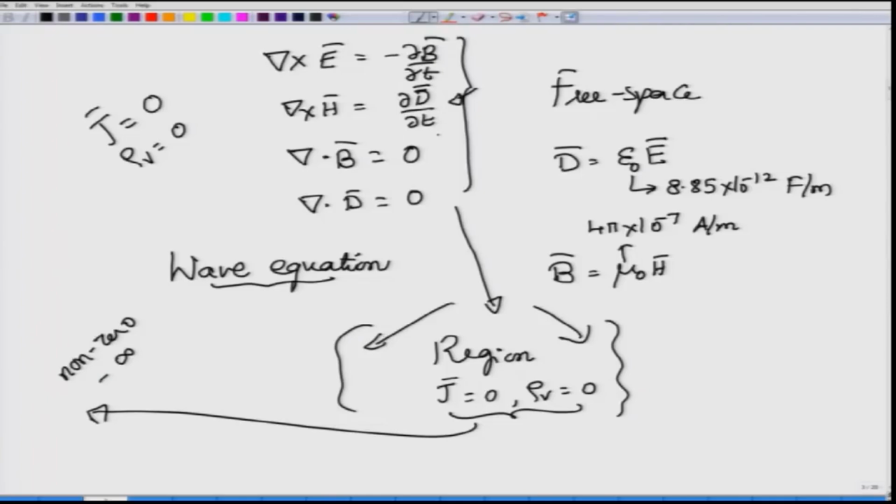Does it automatically follow that because the source term is 0 in these Maxwell's equations in the region that we are considering, the field quantities E, H, B and D themselves become 0?